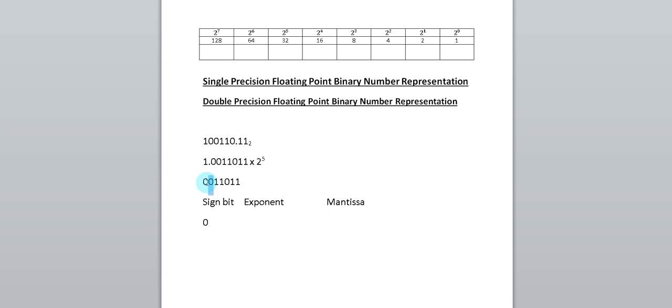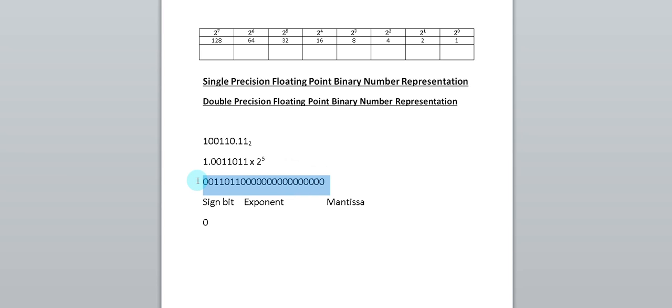Since this is only 7 bits, we append zeros to get 23 bits: 7, 8, 9, 10, up to 23.